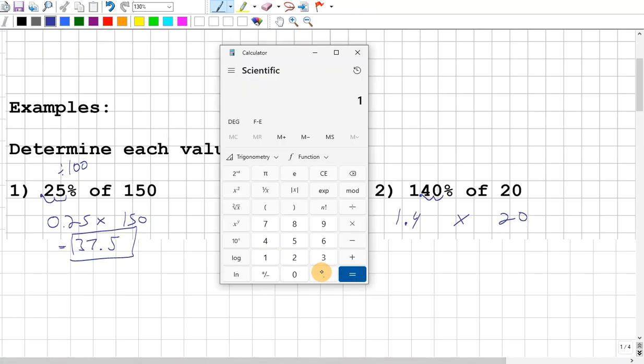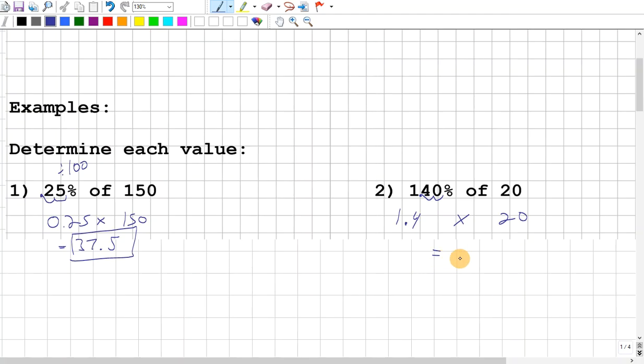So I take 1.4 and multiply by 20, and I end up with 28. Notice the first one, 25% of 150: 25% is less than 100%, so I'm actually going to be reducing the value of 150. This one, 140% is greater than 100%, so I'm actually going to be increasing the value of 20. So I'm getting bigger.